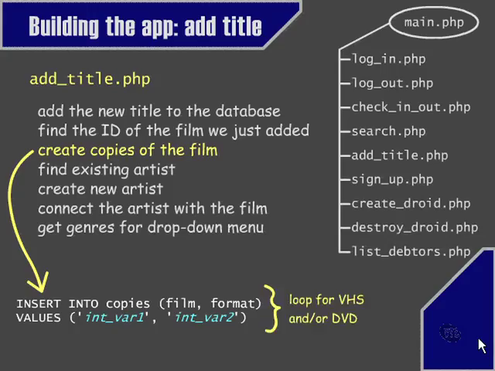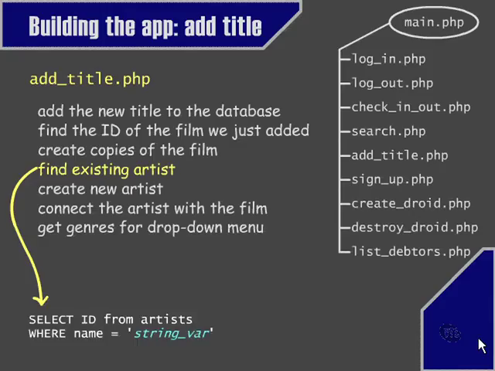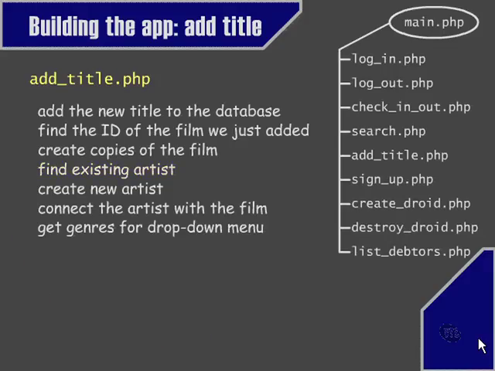Then we need to find the existing artist, if that artist exists, when we're going to add artists that are connected with the production of the film, this could be actors, directors, and so on. So the query is very simple. We're just running a search on the artist table to see if that particular name already is in the database.